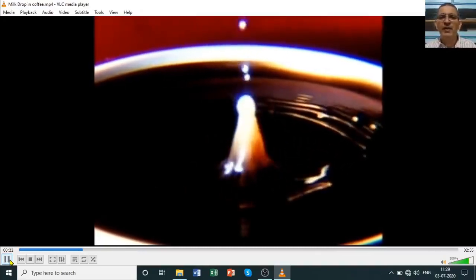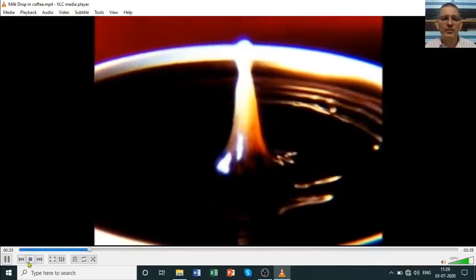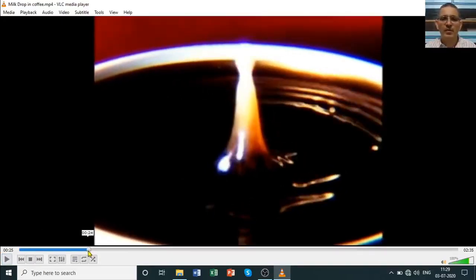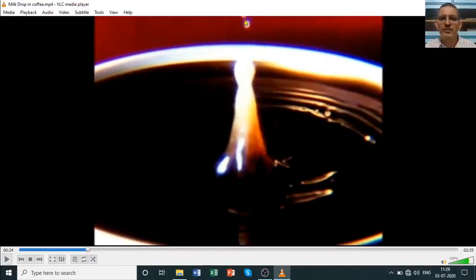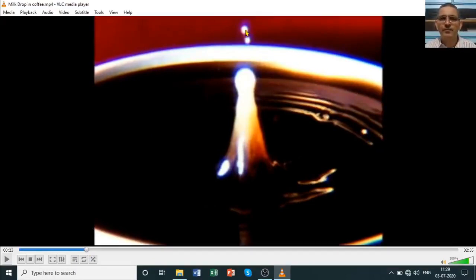You might think, oh, the drop has splashed and a crown is formed. Now you see something even more dramatic. A jet of milk is generated upwards, and then these satellite drops are formed from this jet.